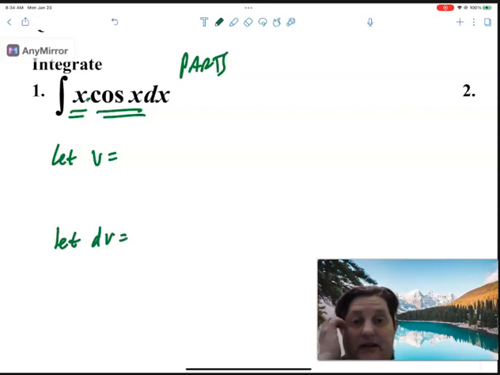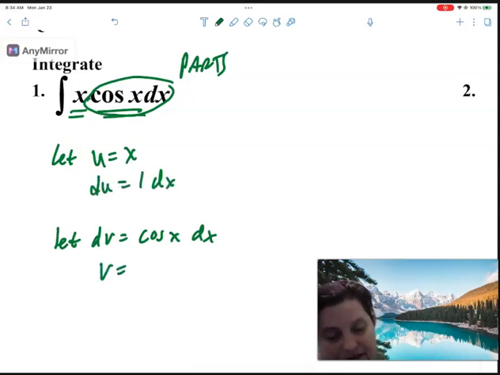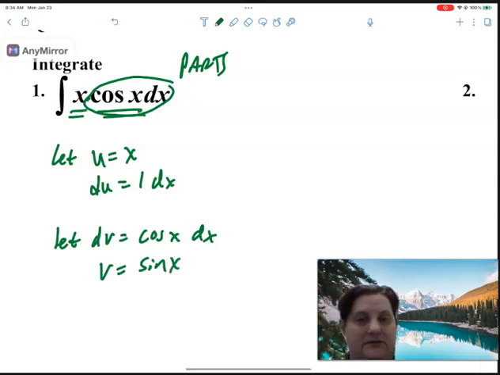The dv is the thing that integrates really easy. Now, if I tried to integrate x, I'd get x squared over 2. That's more complicated. So I'm going to integrate cosine x dx, and I'll let u equal x. Then du is 1 dx, and v, the integral of cosine, is sine x.